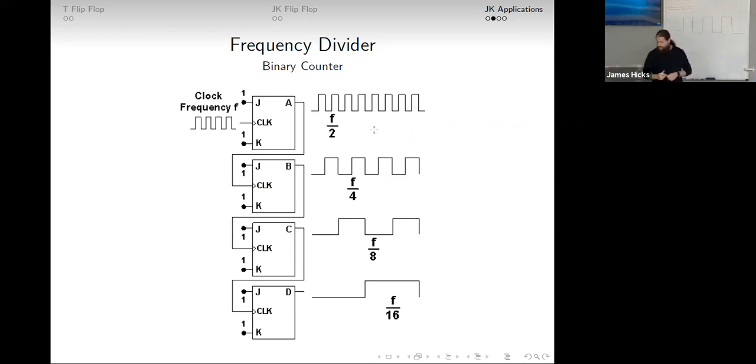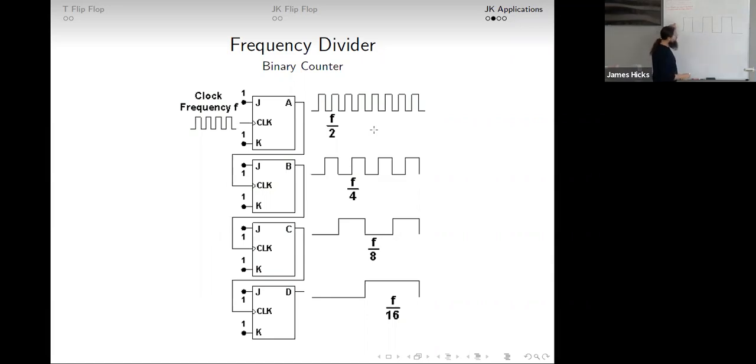Zooming in like that. I'm going to try and recreate the first couple sequences.